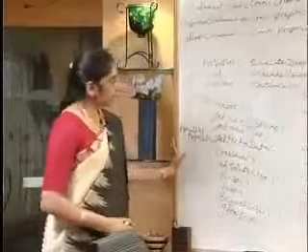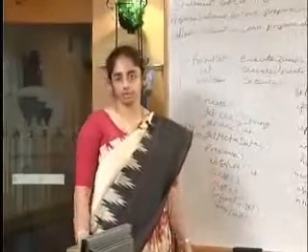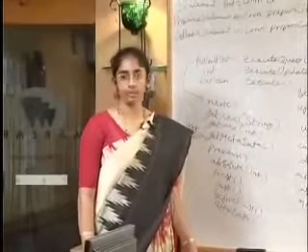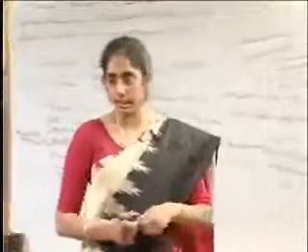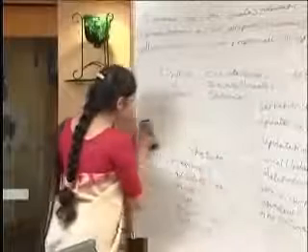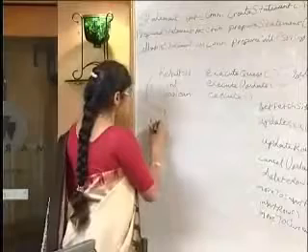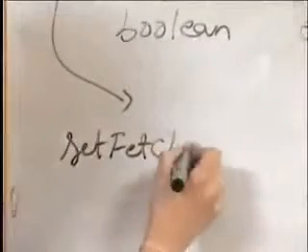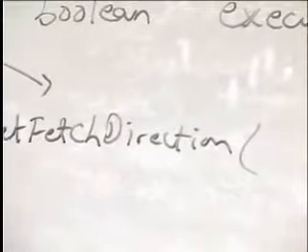Now coming back here to the result set, we said we can update the result set, we can move through the result set in any direction. To specify in which direction I want to move through the result set, we have a method called setFetchDirection, which takes an int value, that is how you want to move through a result set.